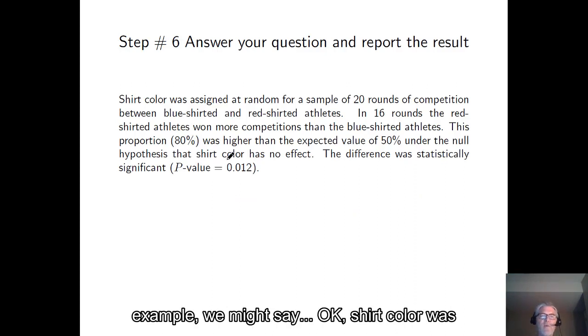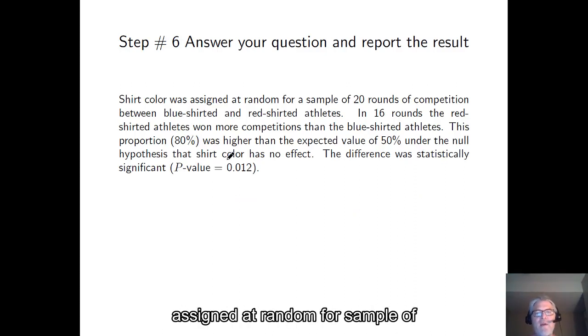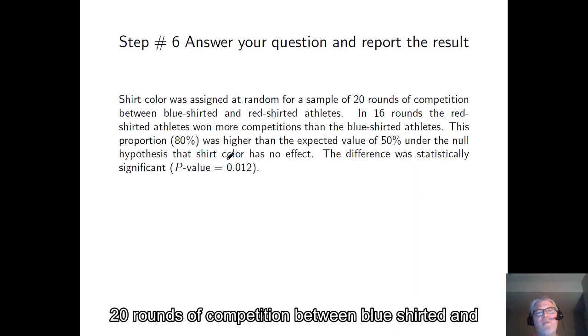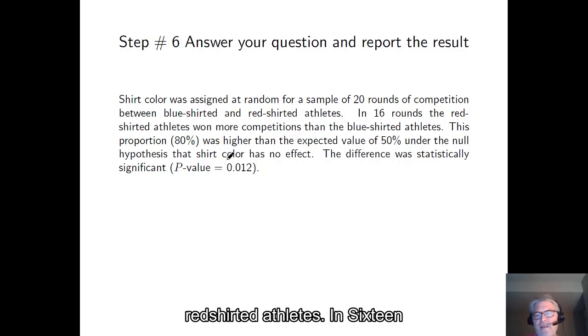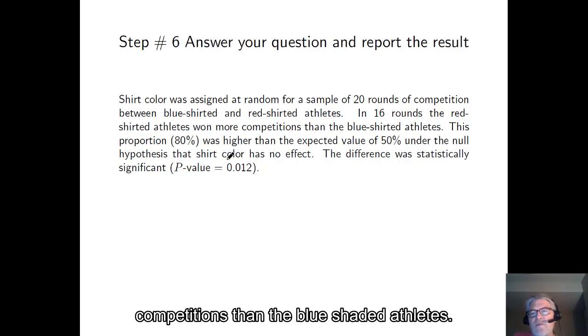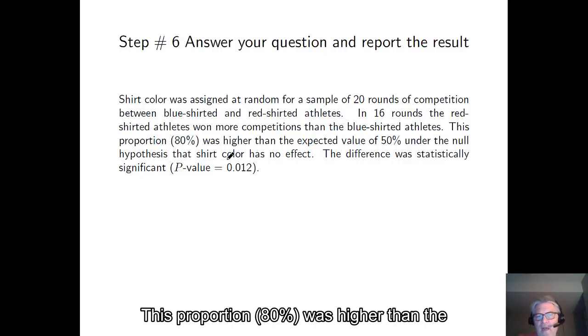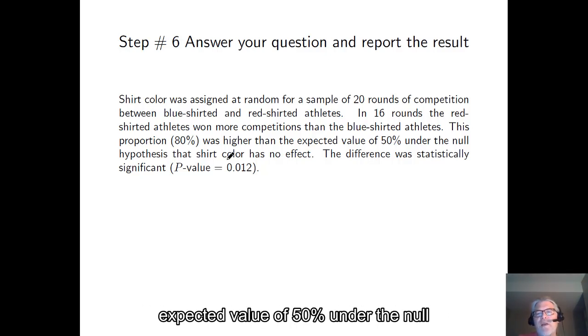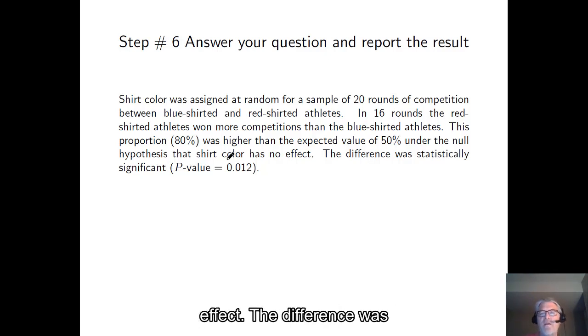So in this example, we might say, okay, shirt color was assigned at random for a sample of 20 rounds of competition between blue-shirted and red-shirted athletes. In 16 rounds, the red-shirted athletes won more competitions than the blue-shirted athletes. This proportion, 80%, was higher than the expected value of 50% under the null hypothesis that shirt color has no effect. The difference was statistically significant.